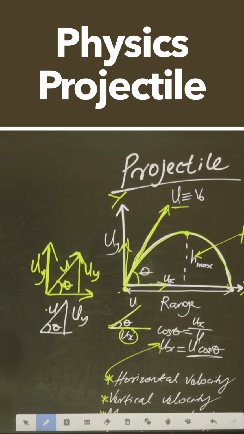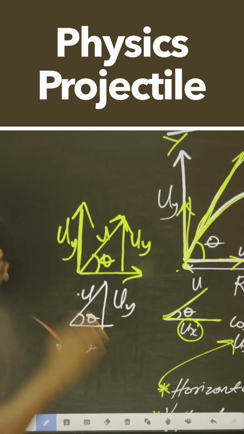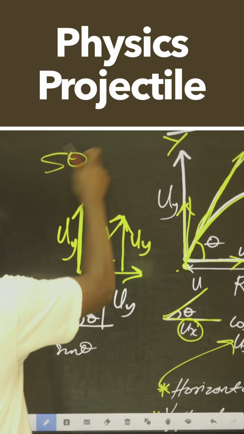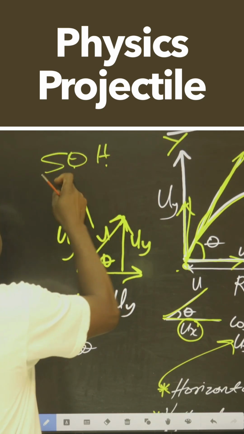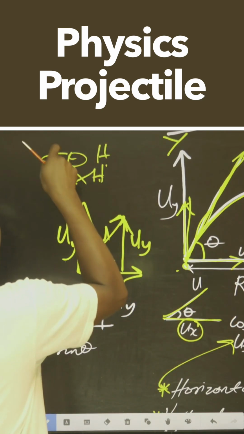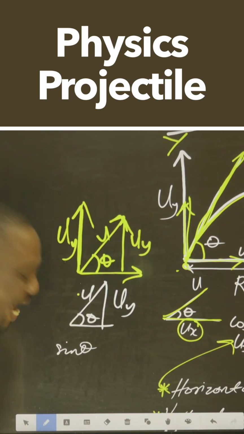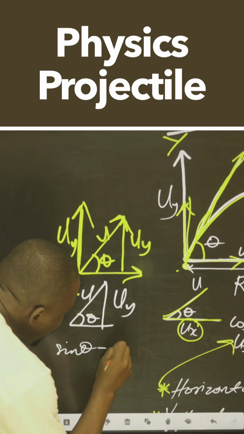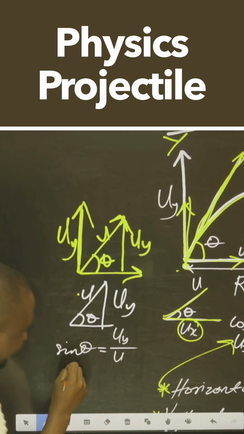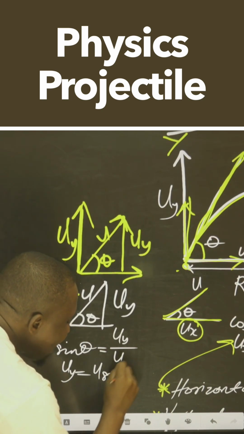This is the hypotenuse. Therefore, it means sine theta, because when opposite and hypotenuse come together in projectile, we use sine. Adjacent and hypotenuse we used earlier. That's why we are bringing in sine theta, which is equal to opposite over hypotenuse. Therefore, this is equal to U sine theta.